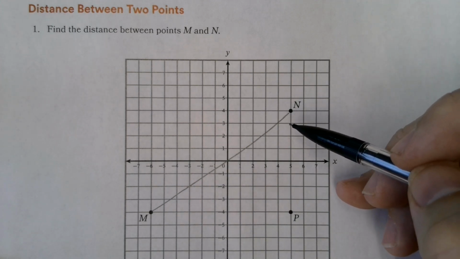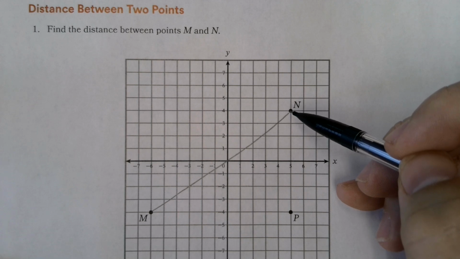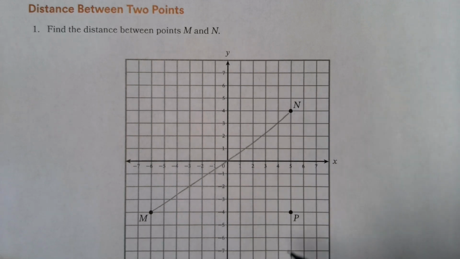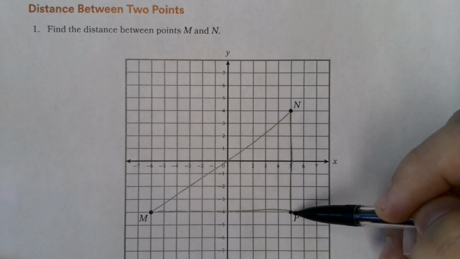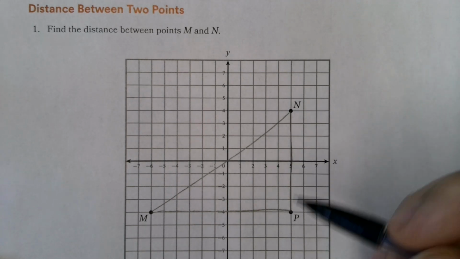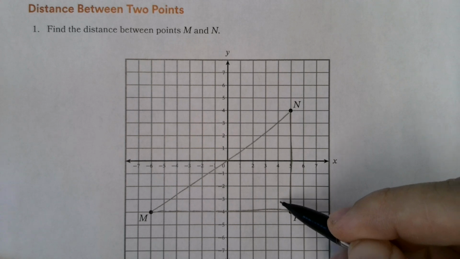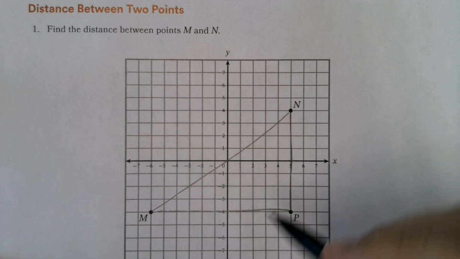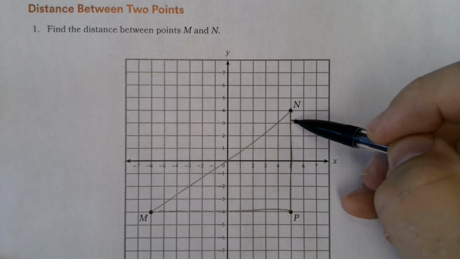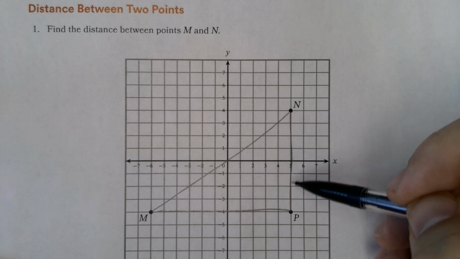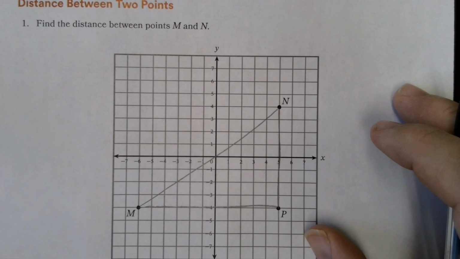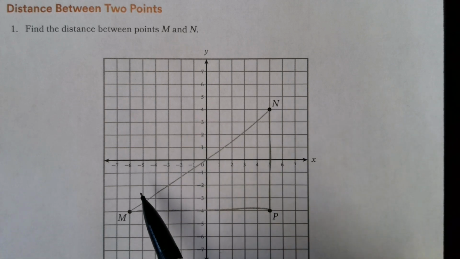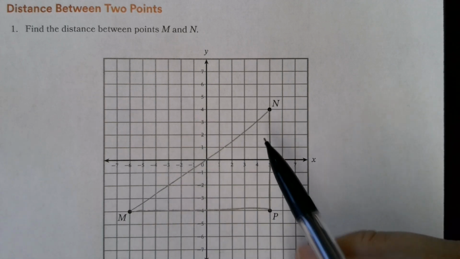What we're going to need to do is create a right triangle on this graph, which we can do thanks to point P, by drawing a vertical and horizontal line. By doing so, this makes a right triangle, and we can count our side lengths. We can find the measures of the legs and use that to find the hypotenuse, which is the distance between points M and N.